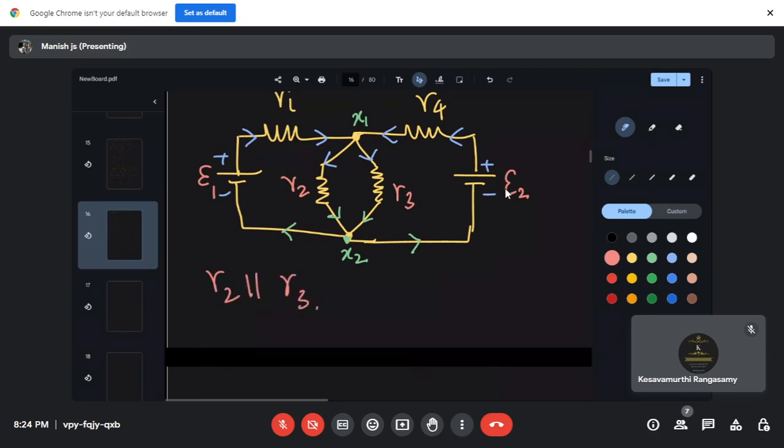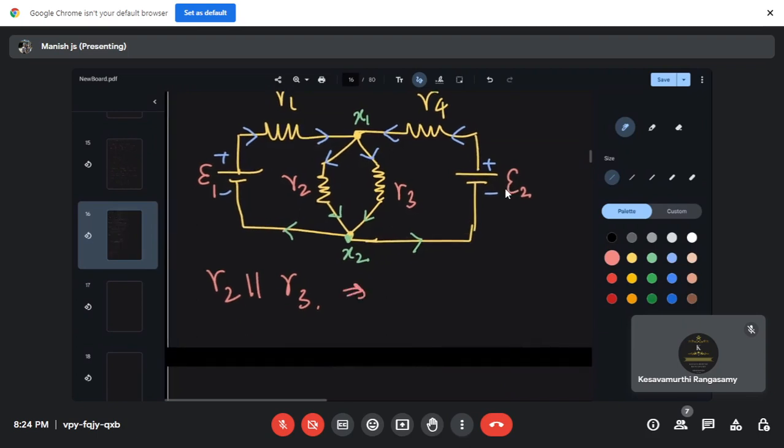Do you agree with me? Both of them are in parallel. So when I say parallel, what is the meaning? The potential across R2 and R3 are exactly the same. This implies V is the same for R2 and R3.